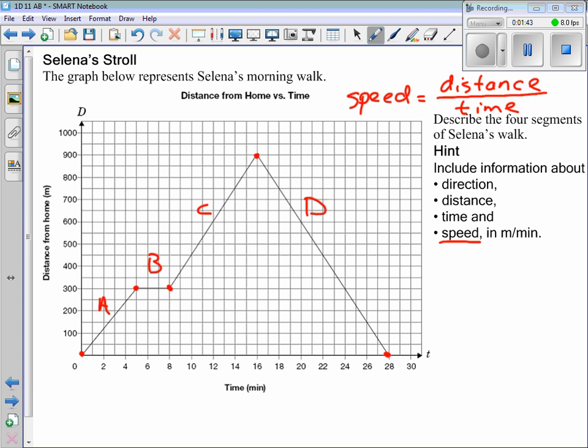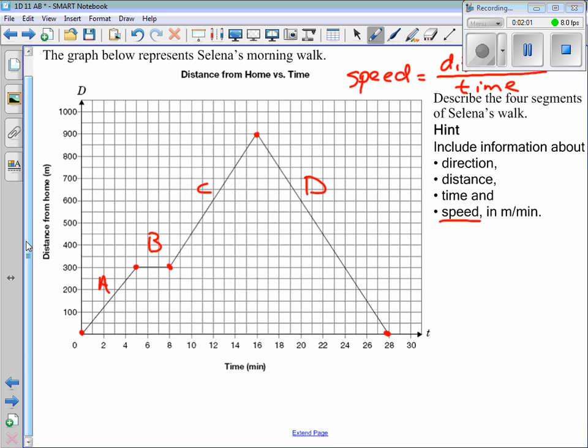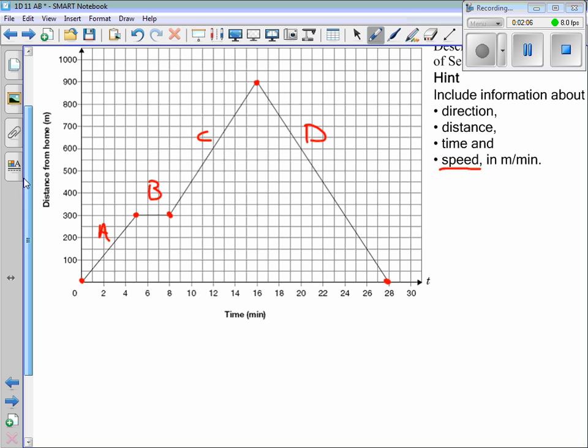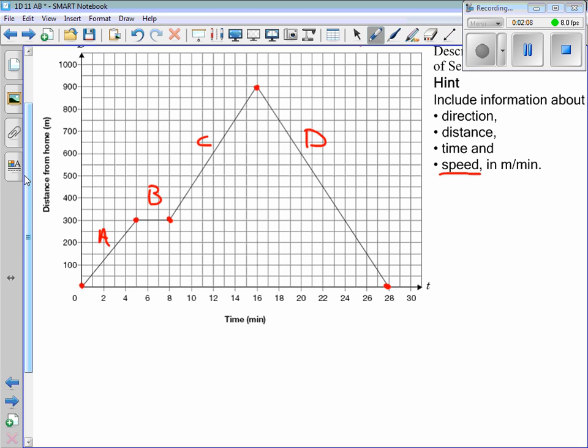When you're answering this type of question, you want to have one sentence, sometimes 2, describing what is going on in each segment, with all of the information they've asked for: direction, distance, time, and speed. So let's look at what is being plotted here. They're plotting distance from home and time in minutes.